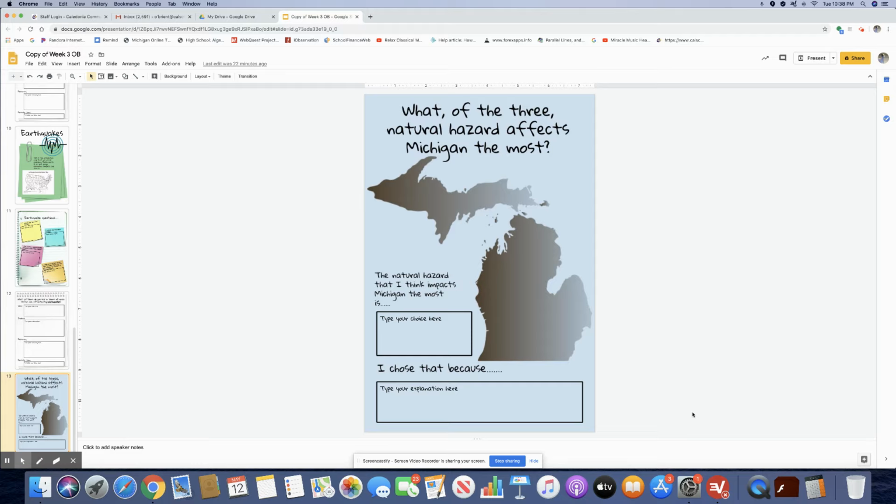So maybe you need to go back over those maps and see in those maps what numbers seem to come up. Or does the hurricane number in Michigan go up the most? Are there more tornadoes here, or are there more earthquakes here? Okay, now you chose that because, well, you need evidence for that, and that's all it is.